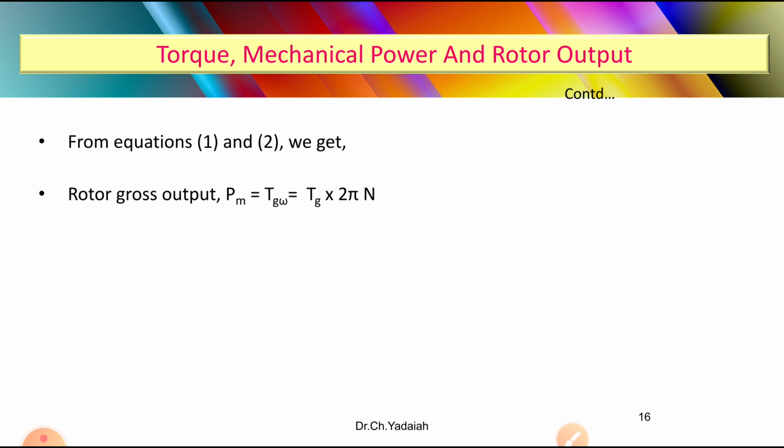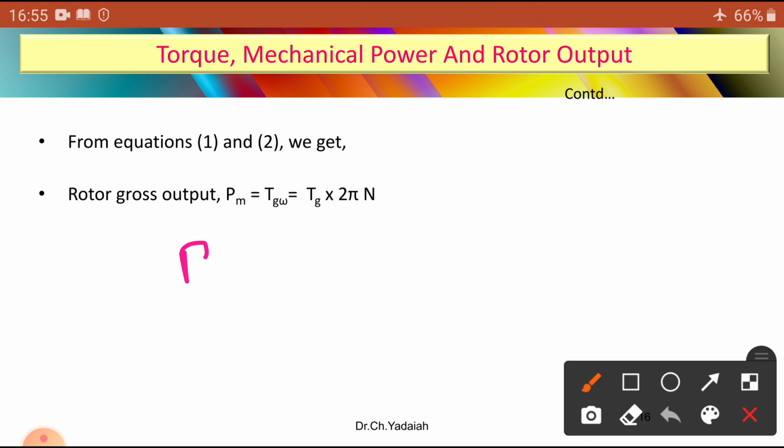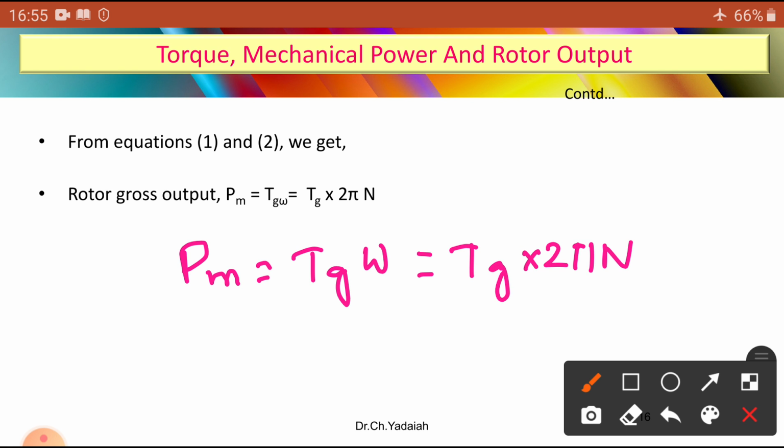Next, from equations 1 and 2, we can write the rotor output PM in terms of Tg and omega, that is, PM is equal to Tg into 2 pi N in RPS.